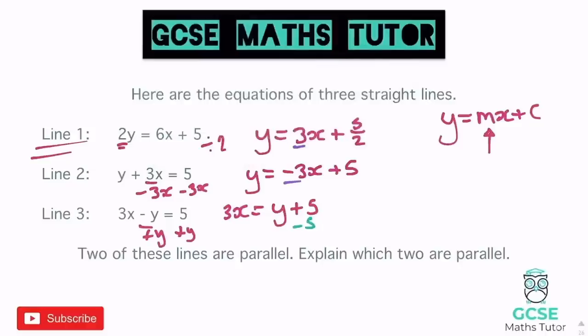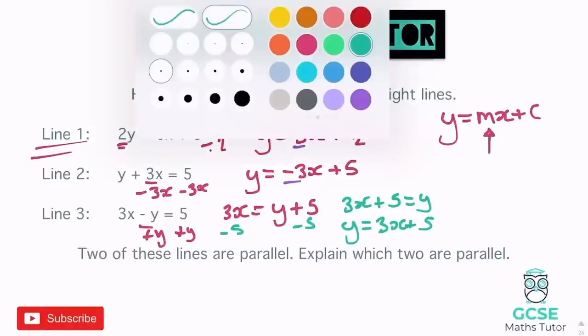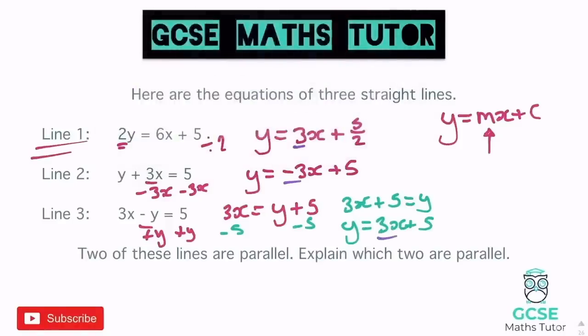So take away 5 and we get 3x minus 5 equals y. Now it's written the other way around there, but we can swap the sides over. So y equals 3x minus 5 is our final answer for that one. And again this one has a gradient of 3. So the top equation and the bottom equation both have a gradient of 3.